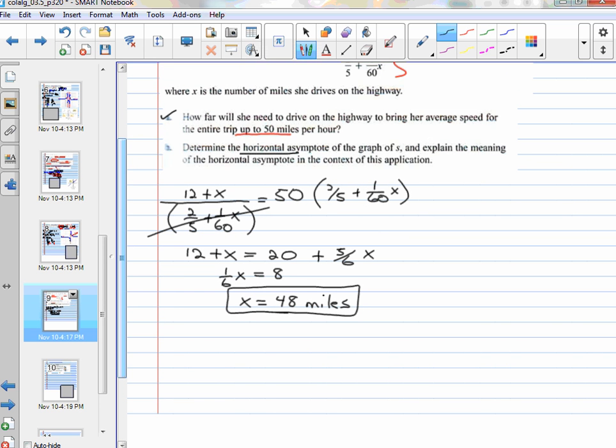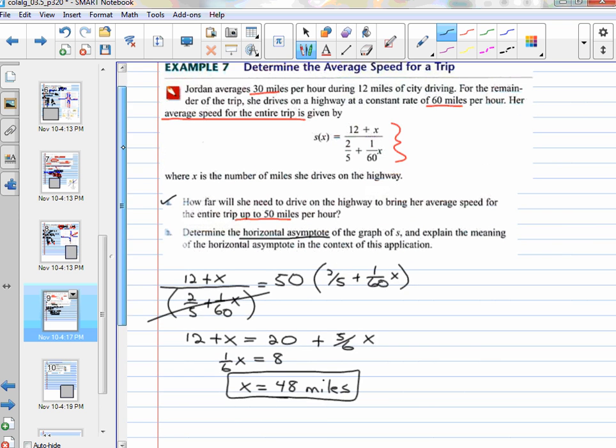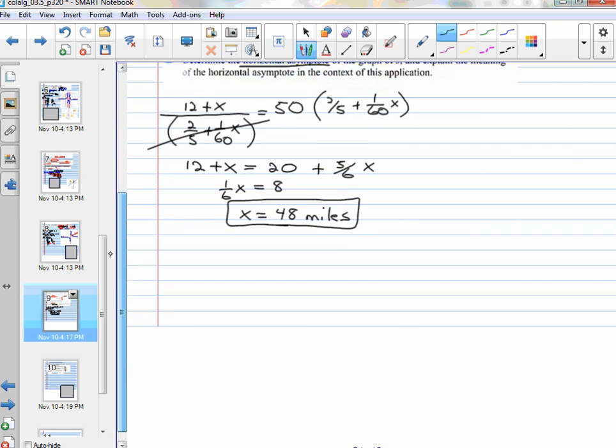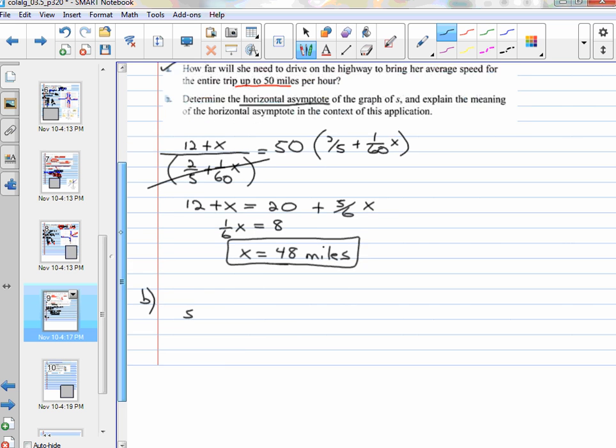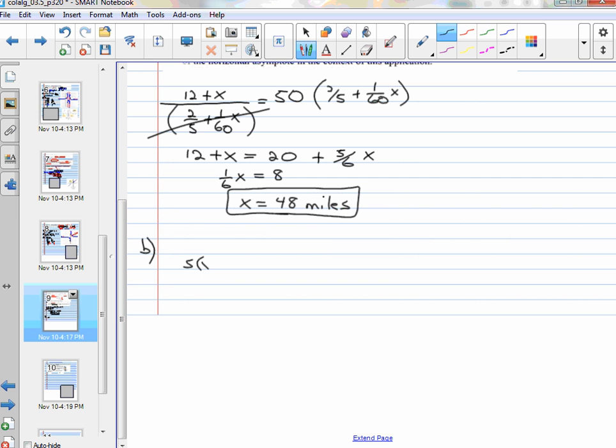Determine the horizontal asymptote of the graph and explain the meaning of the horizontal asymptote in the context of this application. So part B, they had S of x, 12 plus x divided by 2/5 plus 1/60th x.